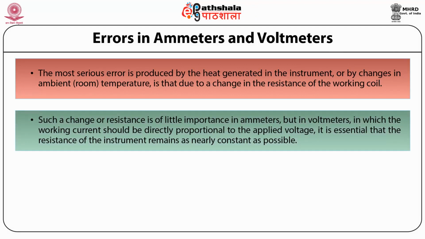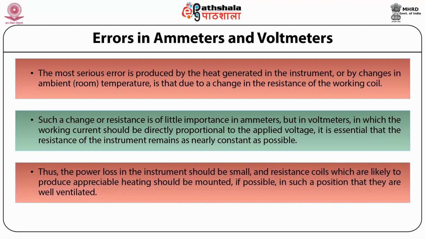Such a change of resistance is of little importance in ammeters, but in voltmeters, in which the working current should be directly proportional to the applied voltage, it is essential that the resistance of the instrument remains as nearly constant as possible.